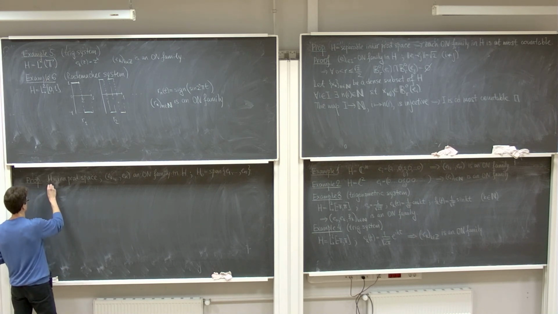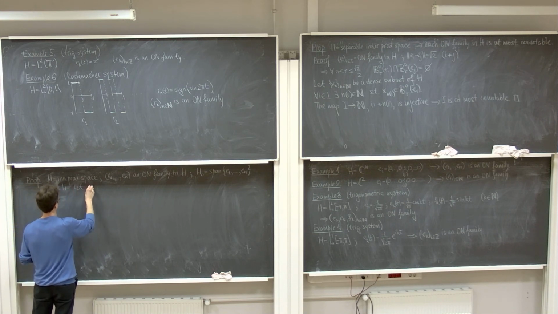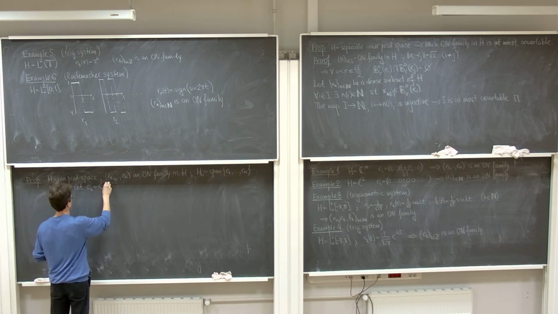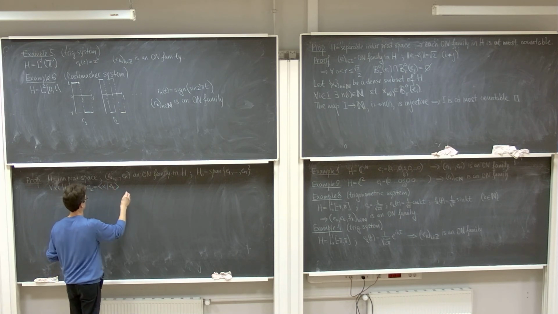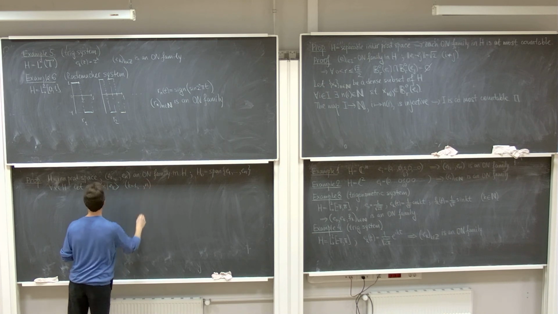So we take an element x in H and let Ck denote the inner product of x and Ek, where k runs from 1 to n.